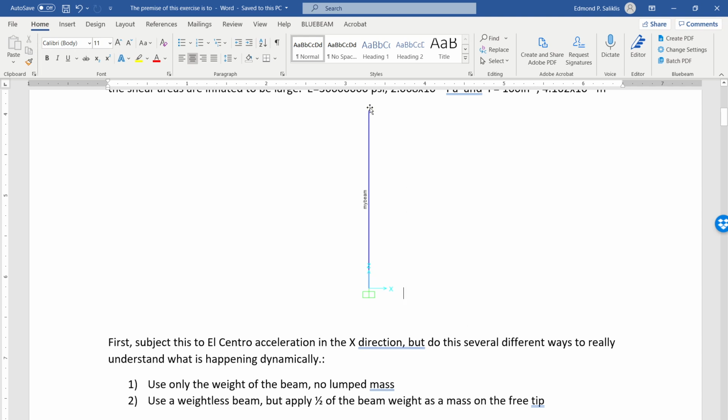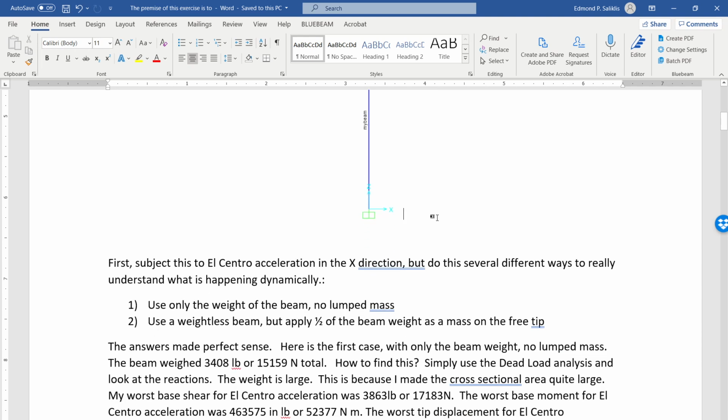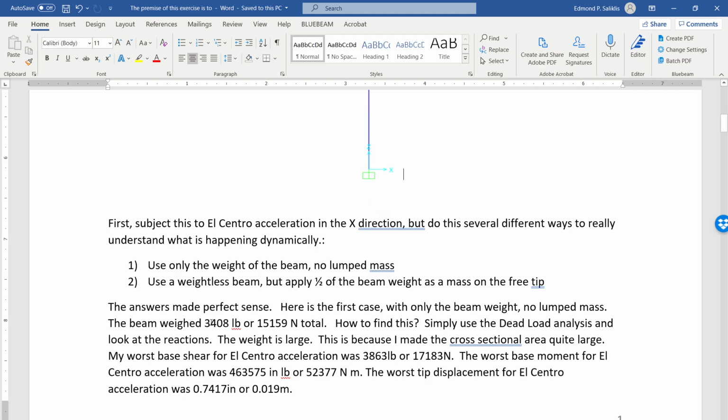But then I also lumped 1/2 of the mass at the tip of the cantilever, figuring that SAP2000 probably does that, puts half of the mass on one node and half of the mass on the other. And this is literally just one element long. I didn't mesh this or anything, one element. So what is the weight of the beam?